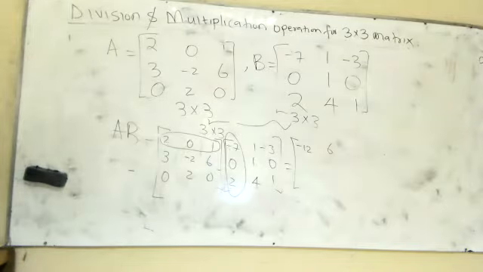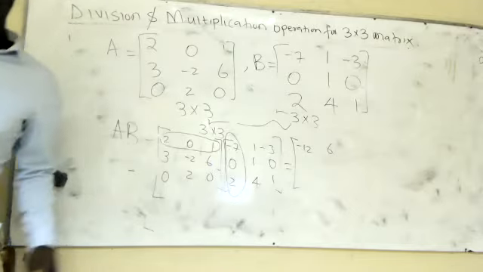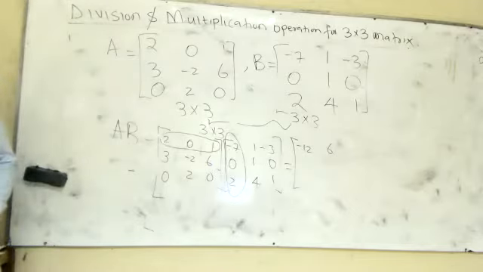It's row 1 with column 1. Yes. Oh, now I must do column 2 with row 1. Yes. Next, row 1.